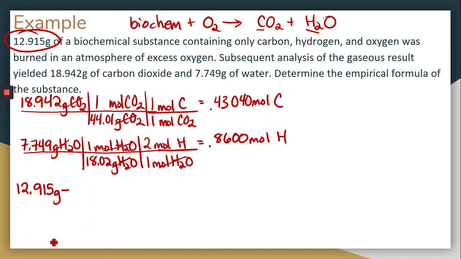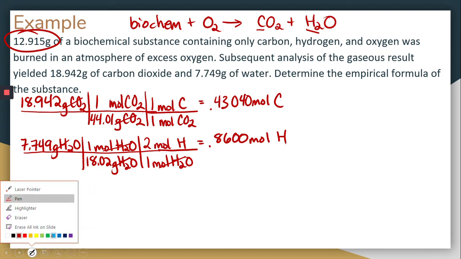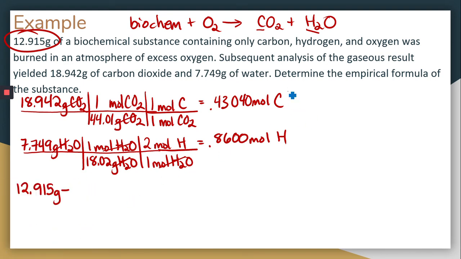So we're going to do a conversion off to the side here. We're going to convert this to grams. And we get 5.1691 grams, keeping our sig figs the same here.